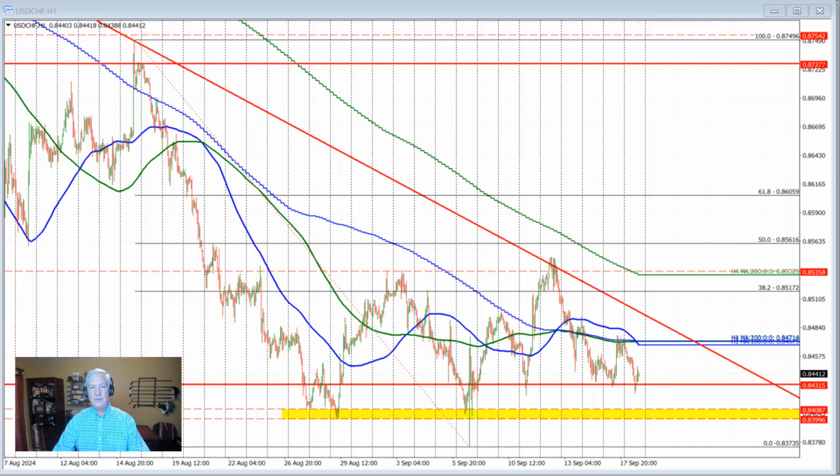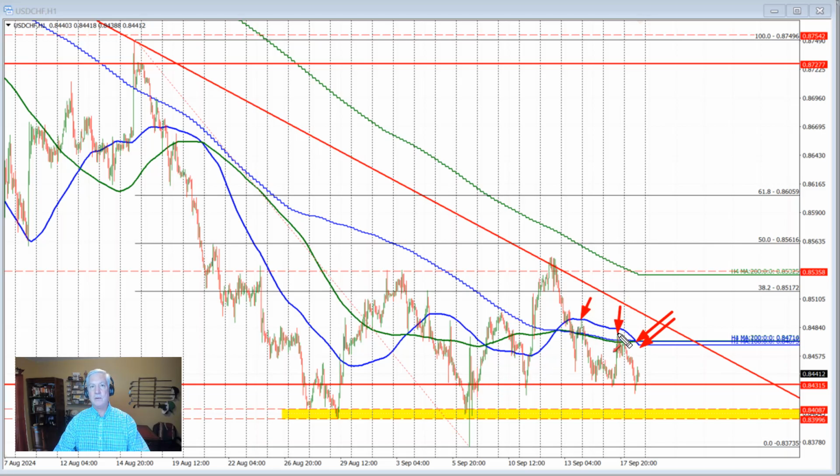Now, also within that up and down are these moving averages. There's three, as a matter of fact, right here, all between the 0.8467 and 0.8471 level: the 100-hour moving average, the 200-hour moving average, and the 100-bar moving average on the 4-hour chart. All those are within this area right through here. So that's a key level, and it's a key barometer for traders today.